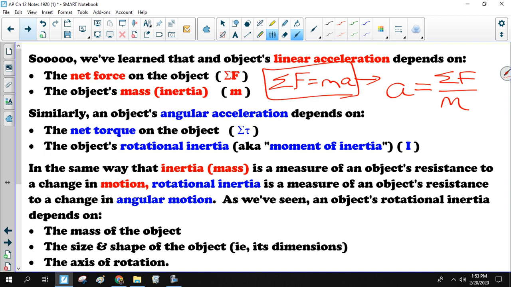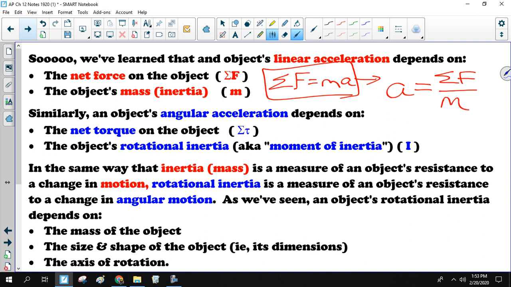Okay, and so, you know, recently we've been talking about angular motion. So we talked about torque and we talked about rotational inertia and angular acceleration. And in the same way that linear acceleration is dependent on net force and mass, it turns out the angular acceleration is dependent on net torque and rotational inertia.